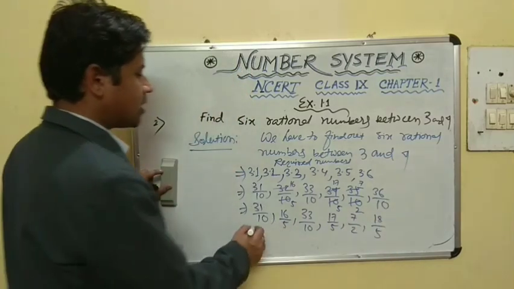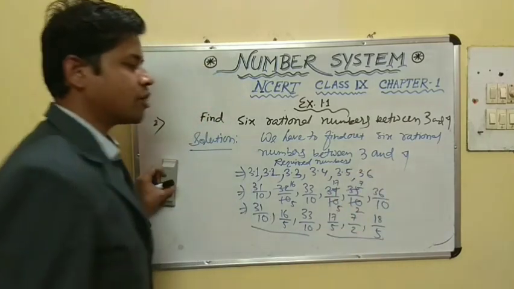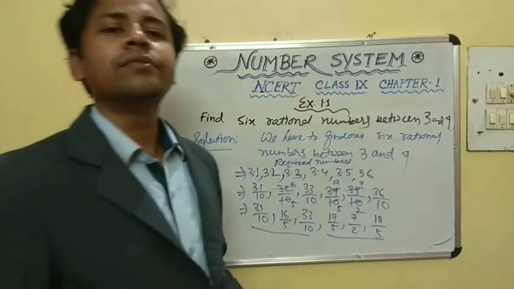So these are the required 6 rational numbers between 3 and 4.